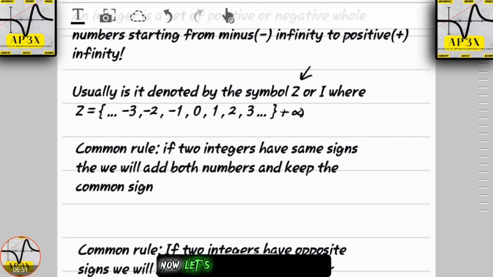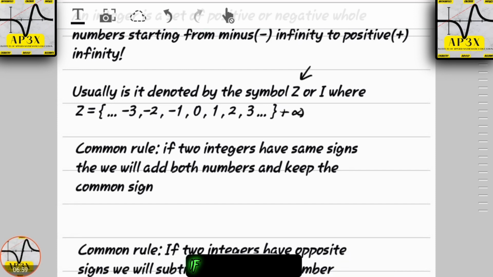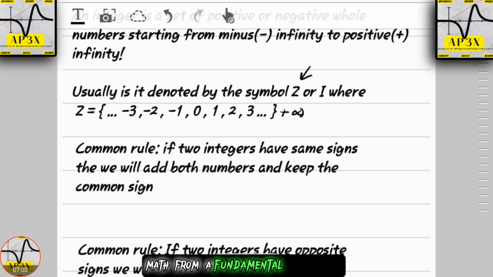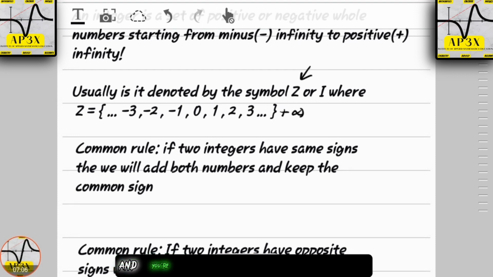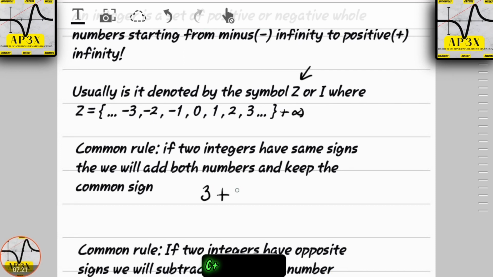Okay, now let's take it fundamentally. I'm very, very adamant about building and rebuilding the fundamentals of students. If we can approach math from a fundamental perspective, no matter the difficulty level, you'll find that the math becomes easier and easier as you go higher. Let's take a very simple example: 3 plus 4.